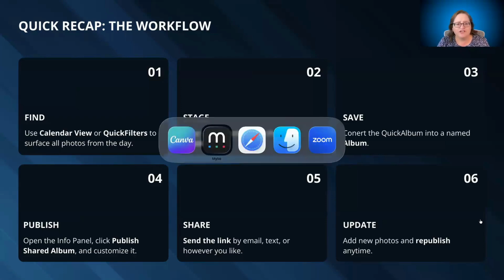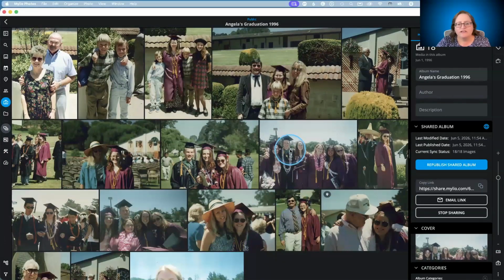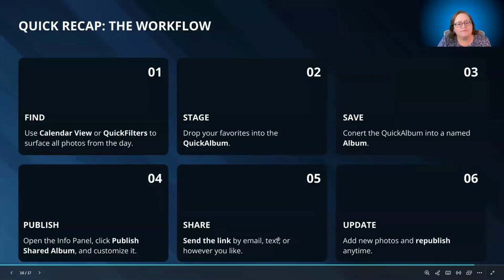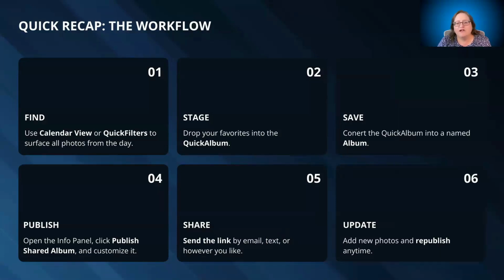All you have to do is select a picture and drag it down to the bottom of the screen, and that's going to go ahead and open up your quick album. From there, you can go ahead and click the button in the quick album strip to save it as a regular album. Go into your album options and publish that, and then take that link and share it wherever you like. Later on, if you need to update it or remove it, all of that is possible.